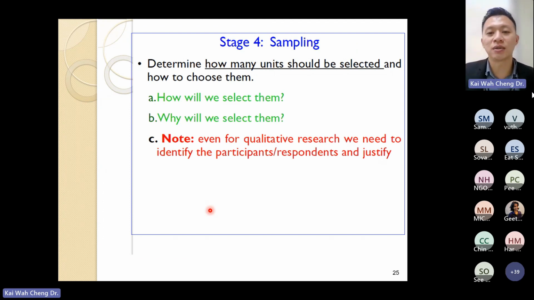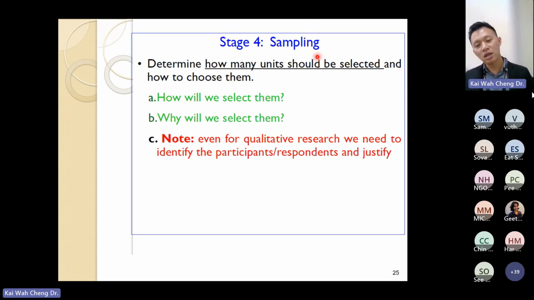Conceptualization. Now we will proceed to stage number 4, sampling. Sampling means how you select the representative from the original population in a city or in a country. That is what we call sampling.